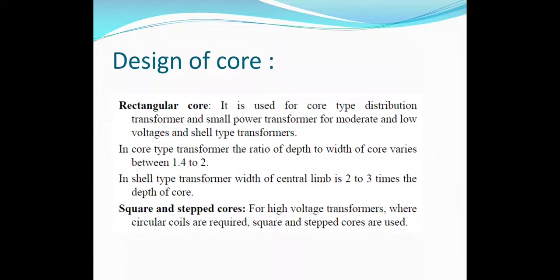The reason for choosing circular coils is that whenever the current in the transformer increases beyond the rated value, there will be a heat rise. That heat rise will change the shape of the windings due to tensile force or stress.